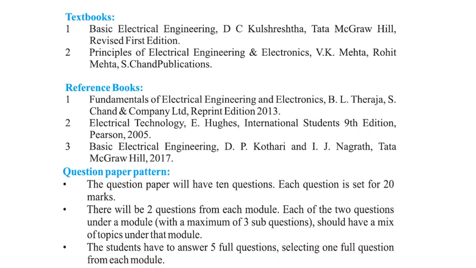There are 10 questions, each carrying 20 marks, 2 questions from each module, and students should answer 5 full questions, selecting 1 full question from each module. So this is the question paper pattern.